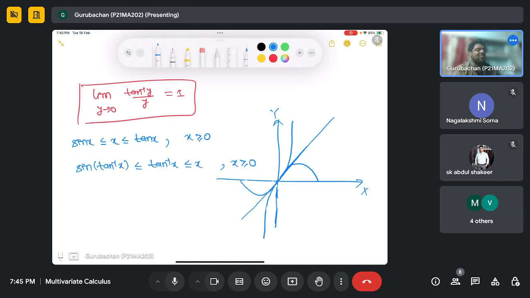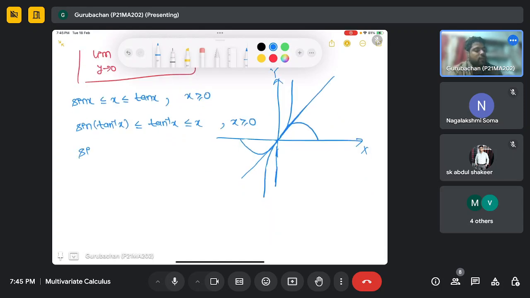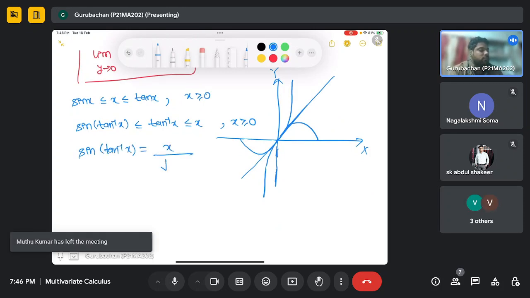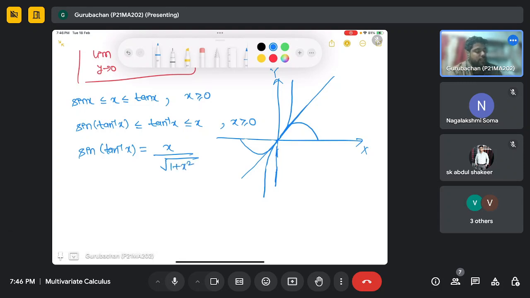Someone has asked how we are getting sin(tan inverse x) equal to x by under root 1 plus x square. Earlier there was a typo where I mentioned x by 1 plus x square; this will be x by under root 1 plus x square.